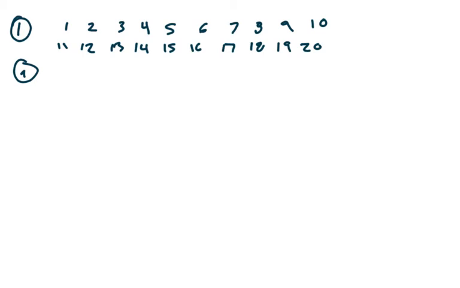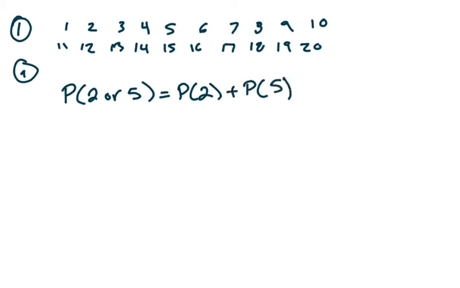So for A, we are finding the probability that it lands on a 2 or a 5. Now these are mutually exclusive. I can't land on 2 and 5 at the same time. So the probability that it lands on a 2 plus the probability that we land on 5.